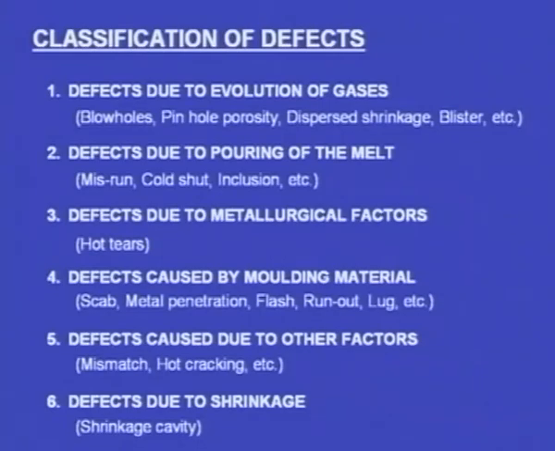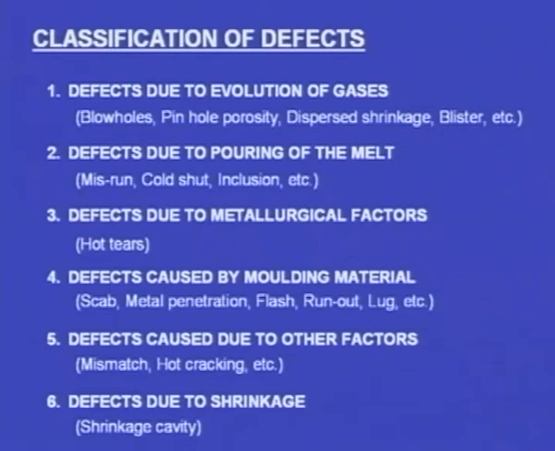They are the misrun, cold shut and inclusion, and we have seen defects caused due to metallurgical factors, and they are the hot tears. We have seen defects caused by molding material such as scrap, metal penetration, flash, runout, lug, and defects caused due to other factors like mismatch and hot cracking.